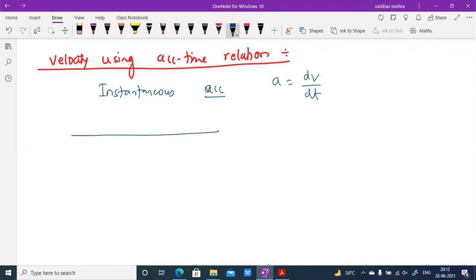So that means if a particle is going with acceleration a in a time interval of dt, its velocity changes from v to v plus dv. dv is that small change in velocity in the time span of dt. So dv is a times dt, and now we need to do the integration on both the sides.